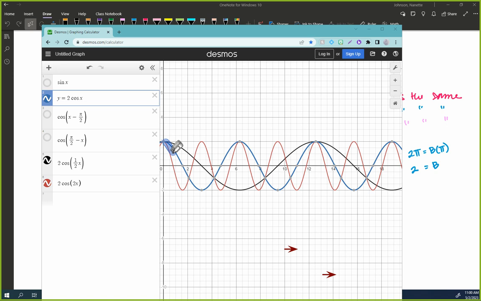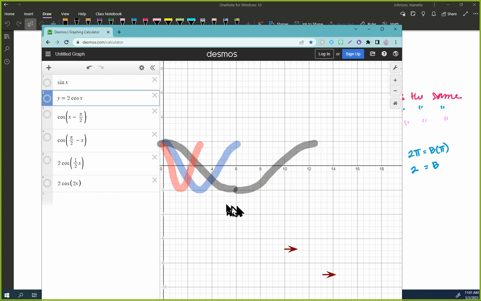So this is the blue guy, and then this is the red guy. Okay, so if I can just turn these off for just a second, I just want to look at these, right?